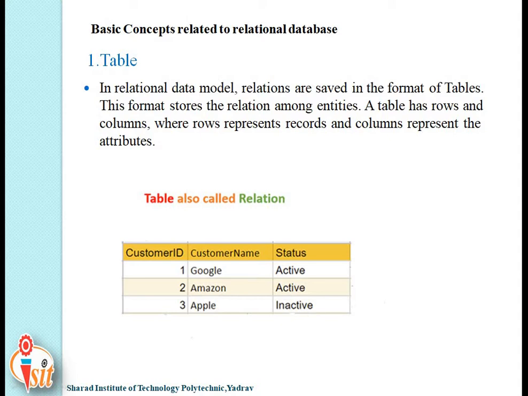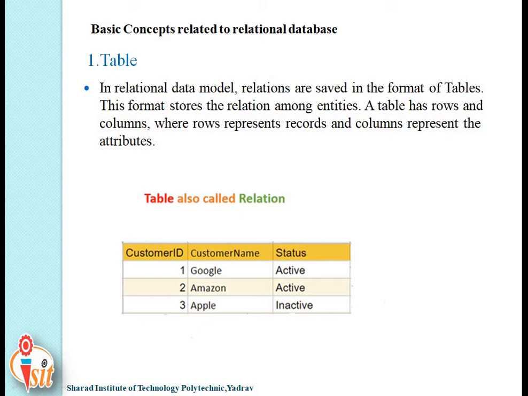In a relational data model, relations are stored in the format of a table. This format stores the relation among entities. A table has rows and columns. You all know what a table is. It is a combination of rows and columns, where rows represent records and columns represent attributes.